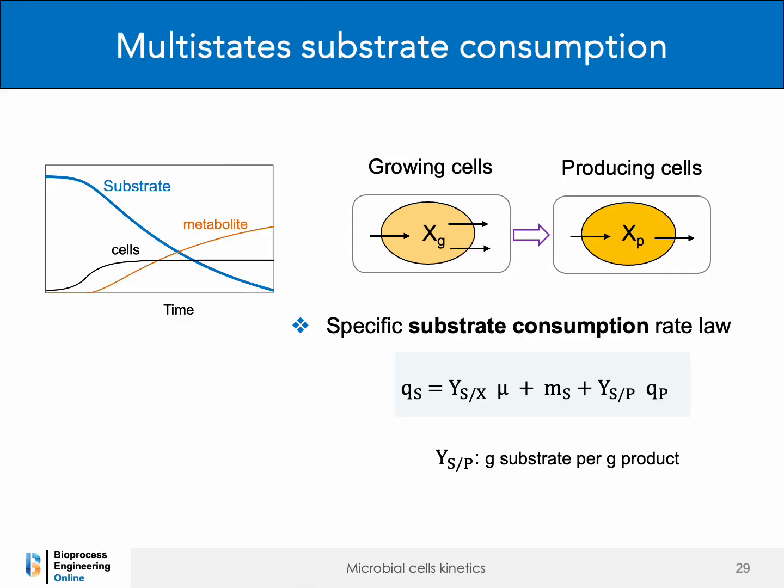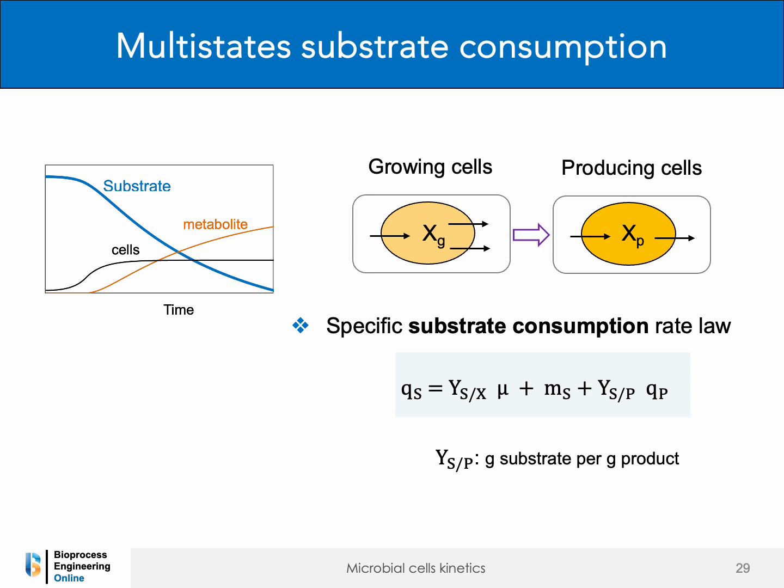For fermentations involving the production of a non-growth-associated metabolite or protein, the specific substrate consumption rate includes an additional term related to product formation. When using a two-state model that distinguishes between growing XG cells and producing XP cells, the overall substrate consumption rate, QS, accounts for both cellular states.